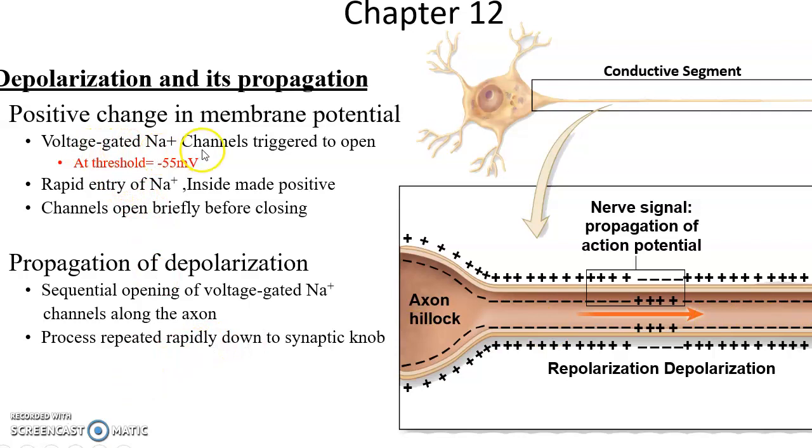So voltage-gated sodium ion channels first open in response to the threshold, and sodium ions flood in, causing massive depolarization, and then they close. That then causes the next area to get stimulated by that change in charge, which causes its voltage-gated sodium ion channels to open, and so on down the length of the axon toward the synaptic knob.